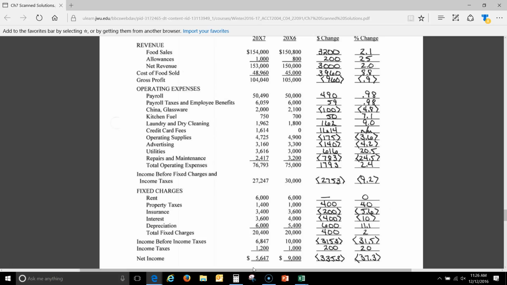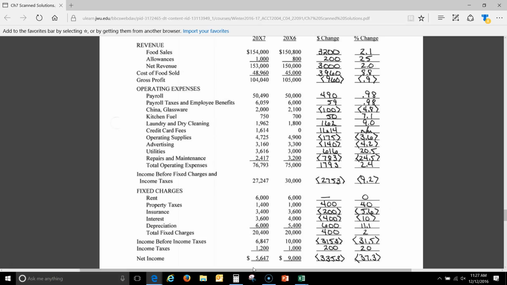Then you compare across time: what happened last year, what happened this year, what's changed, and then we can decide whether everything's going okay. Then again, it's internal analysis, last year versus this year, or current year versus budget. So keep that big picture view in mind.